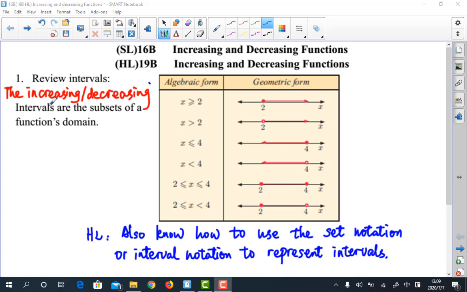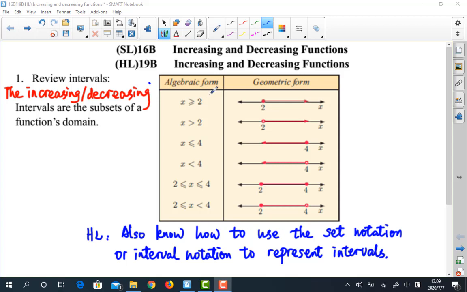The increasing or decreasing intervals are the subsets of a function's domain. So when we talk about increasing and decreasing intervals, we should base them on the domain of the function. We have two different forms to express the increasing and decreasing intervals.